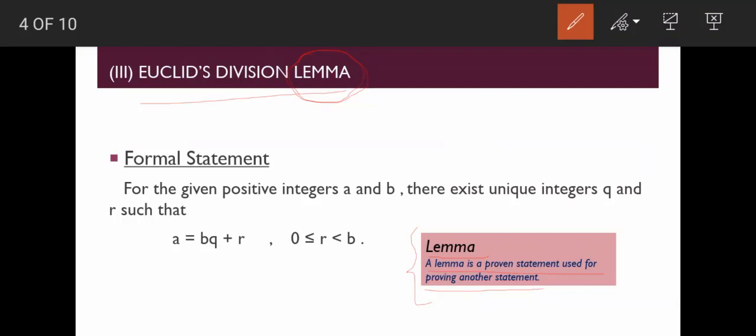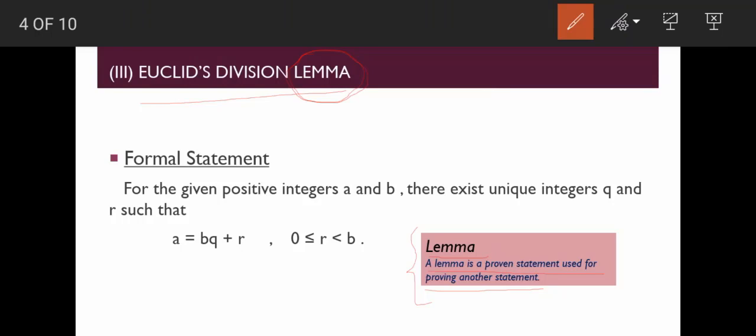That means a lemma is a previously proven statement which can be further used for proving another statement. Suppose we already have a statement which has been proved, that statement we are going to use for proving another statement.